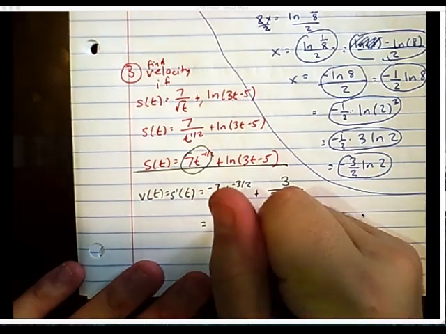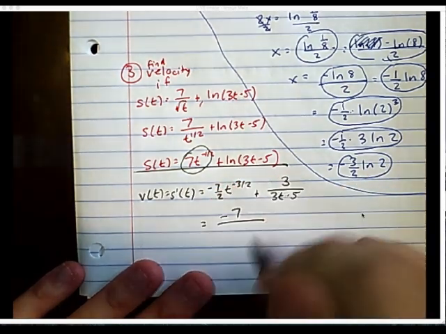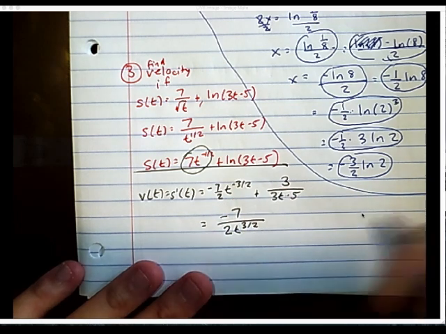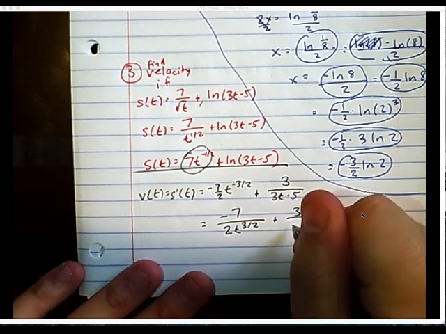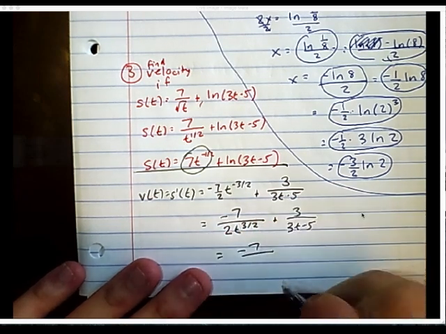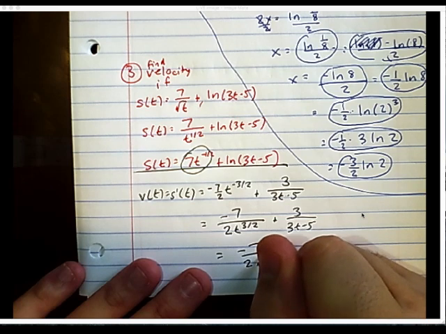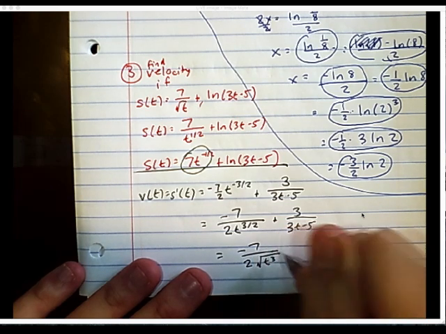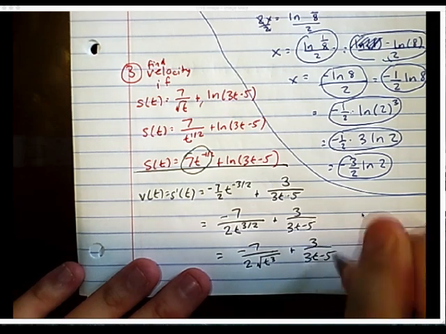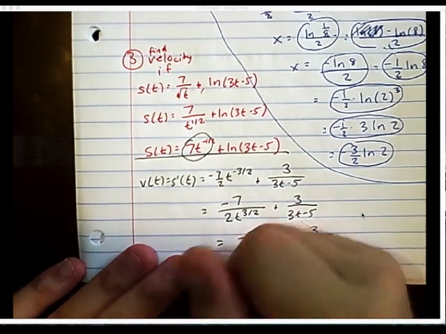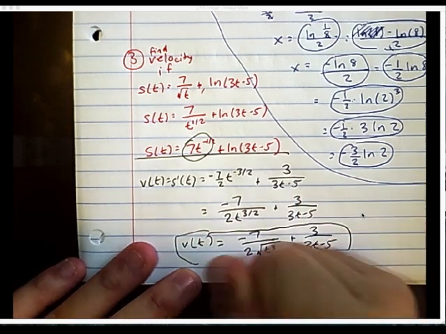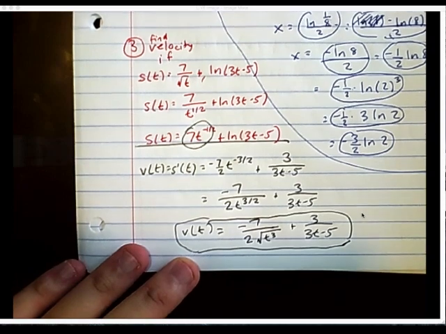So maybe a little bit nicer way to write it is negative 7 over 2 t to the 3/2 power plus 3 over 3t minus 5, or negative 7 over 2 times the square root of t to the 3rd plus 3 over 3t minus 5. That's how I would probably write it.